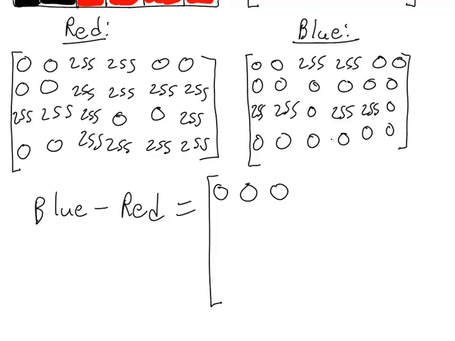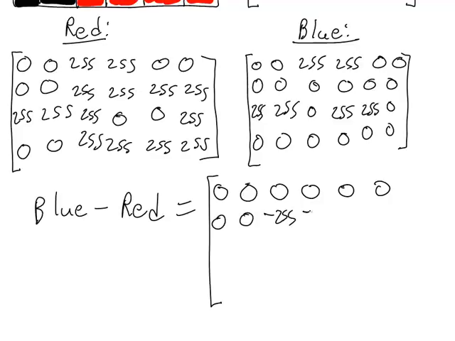And same here, 255 minus 255 is 0. Now in the next row, we'll have 0 minus 0, 0 minus 0. Now we have 0 minus 255. I'll put a negative 255 here, but when we do this in code, we'll have a check that says if this value is negative, make it 0. I'll show that in the next step.